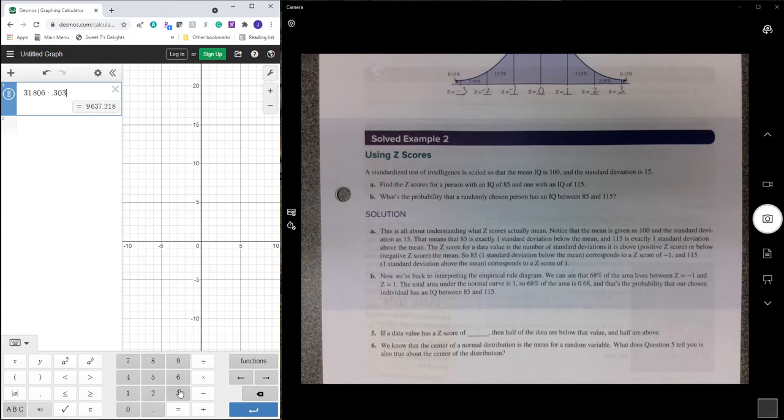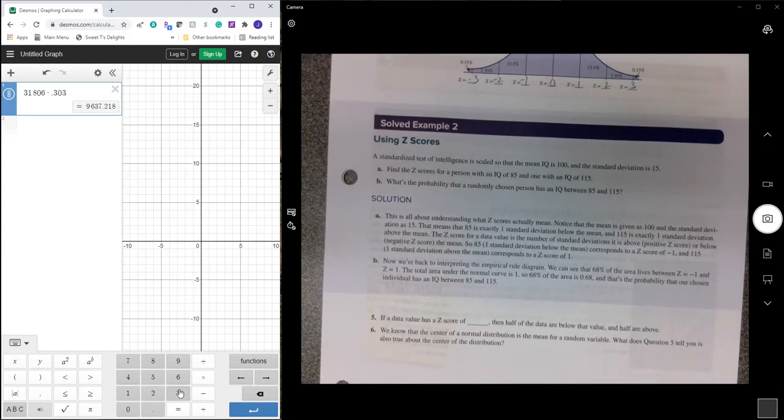The z-score for a data value is the number of standard deviations it is above (positive z-score) or below (negative z-score) the mean. So 85, one standard deviation below the mean, corresponds to a z-score of -1. And 115, one standard deviation above the mean, corresponds to a z-score of 1.